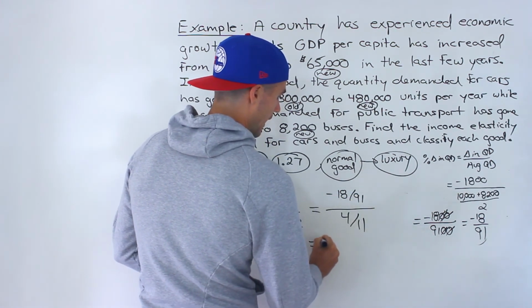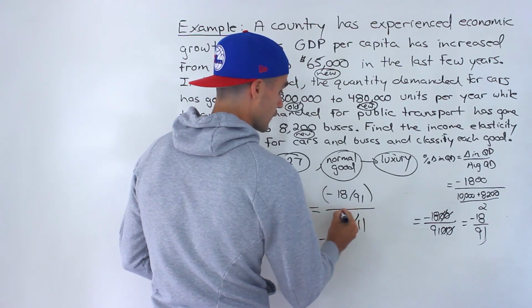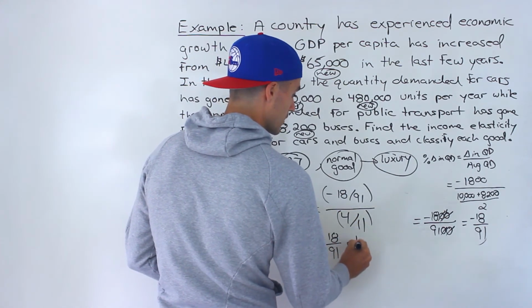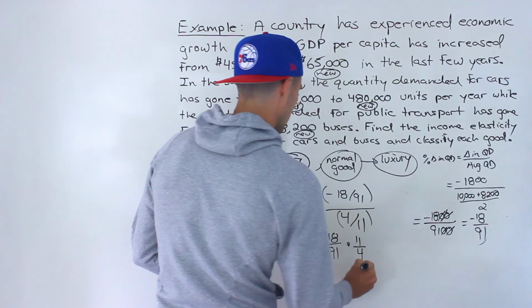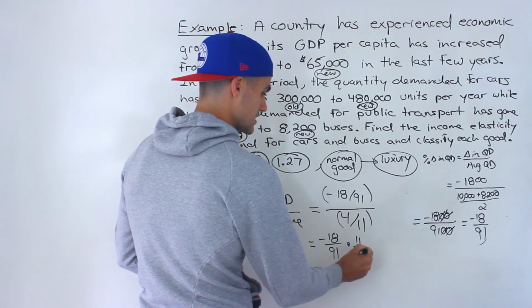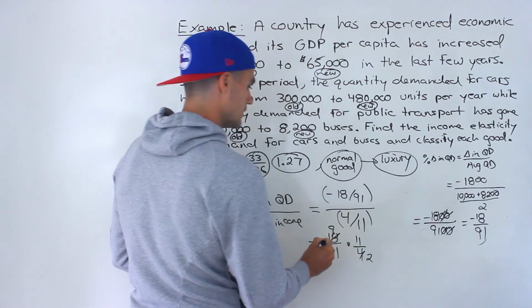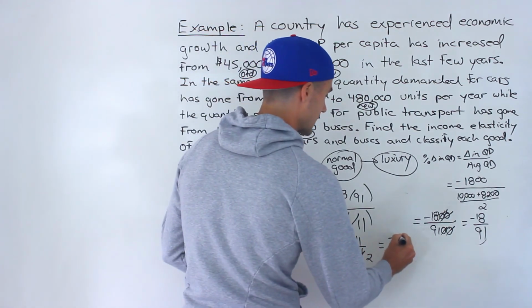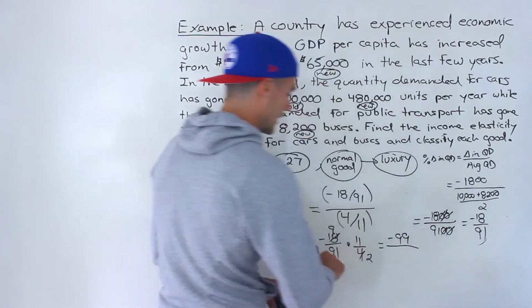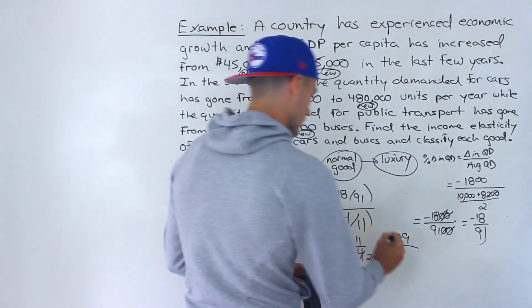And so what we would have is one fraction, this one, divided by another one, which is like multiplying by the reciprocal of that one. And so here, notice the 4 goes into the 18, so we'll have 2 over here and then 9. Negative 9 times 11 gives us negative 99, and then 91 times 2 would give us, what, 182?